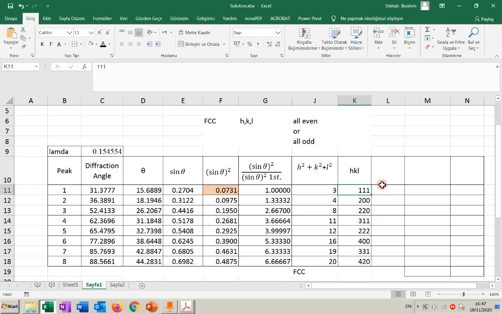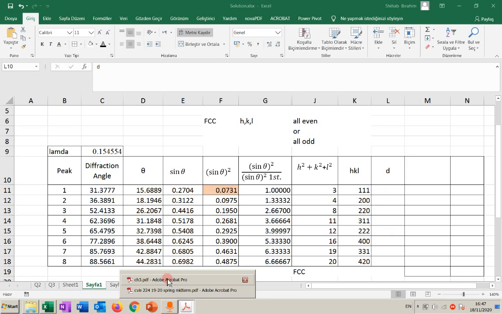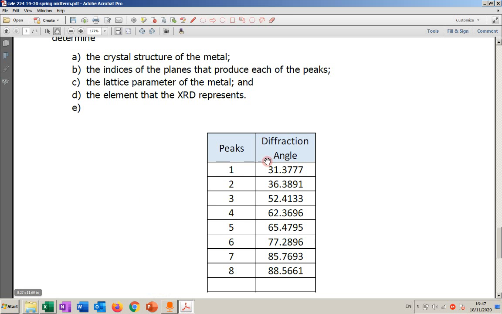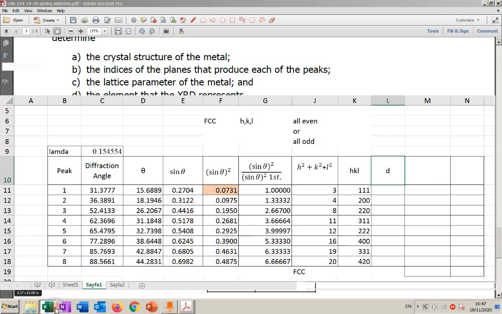This is the HKL. Then what is required next is the lattice parameter, which is A. You can directly find A, or in order to find A, you will find D, then you will find A. That is possible, it is up to you.